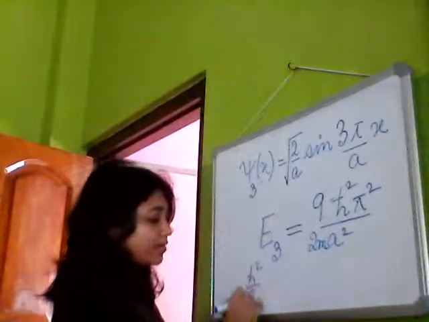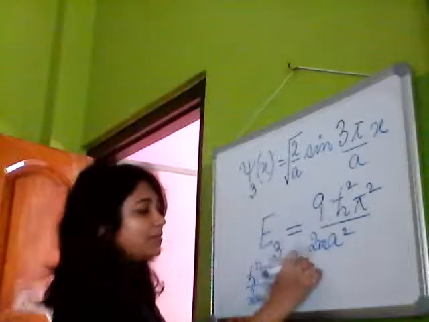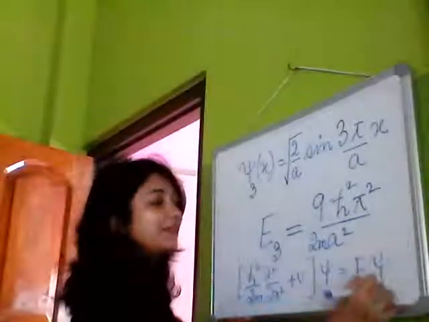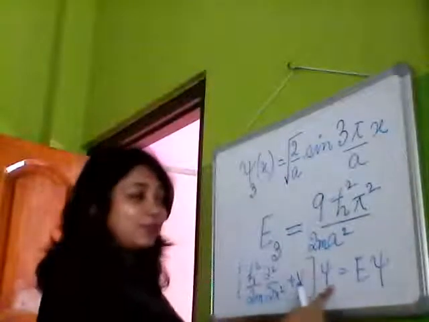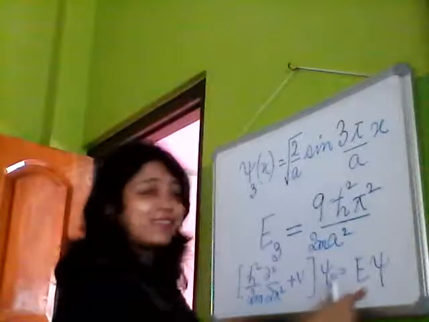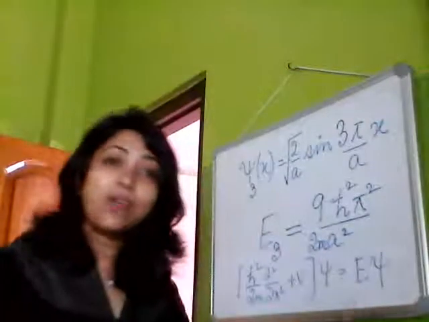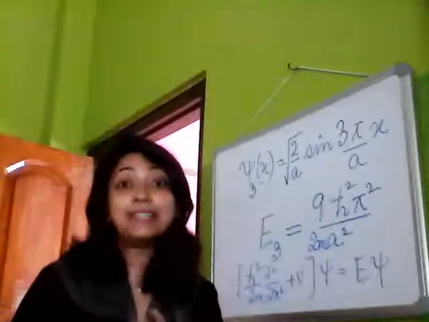Minus h cut square by twice m, del 2 by del x square, plus V, acting on our psi is equal to E psi. So see, our total energy operator has acted on the wave function and has given us the value of this energy as well. So the Schrodinger equation was a form of the eigenvalue equation.